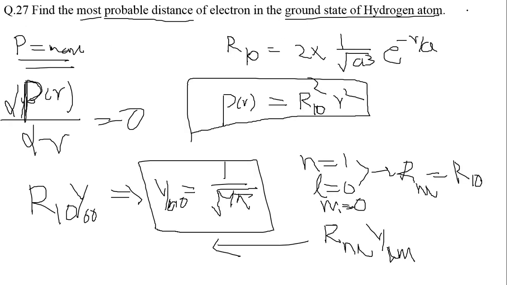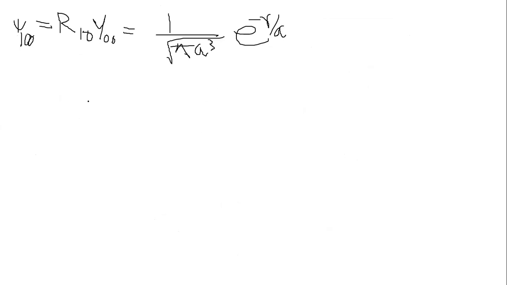Because here you can see it is 2, so when you take the root of 4 it will be 2, this 2 cancels out, and the pi comes inside the square root.